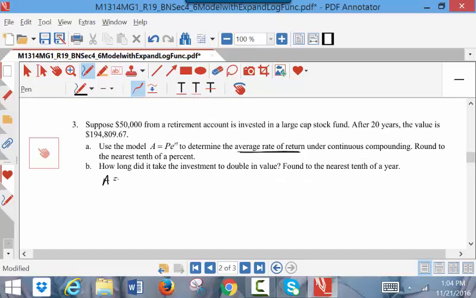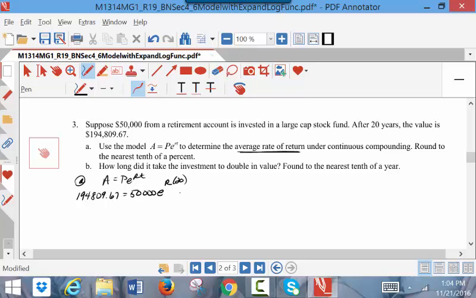So we're still back into this continuous compounding equation. This time we grow into almost $200,000. So we're trying to find R this time. We know we're looking at a 20-year investment.